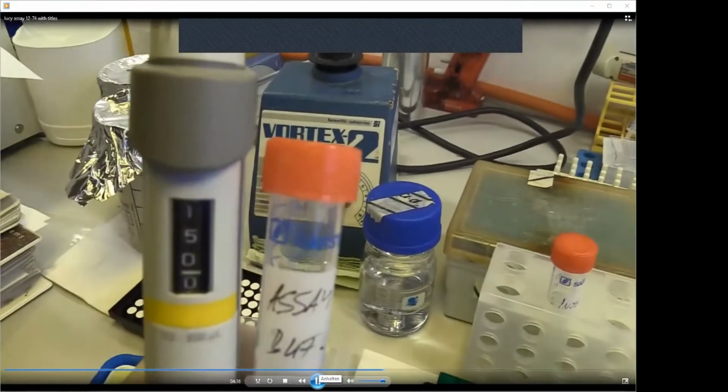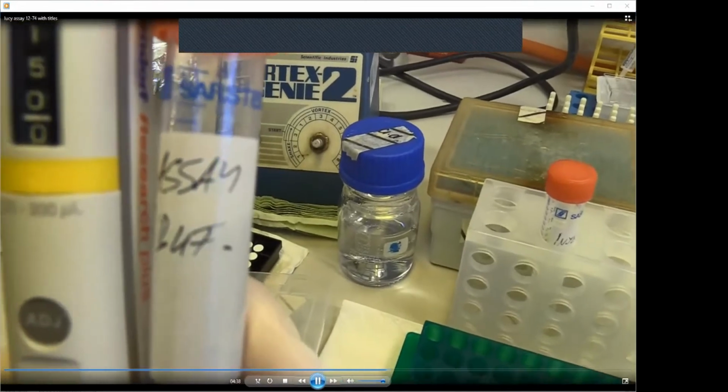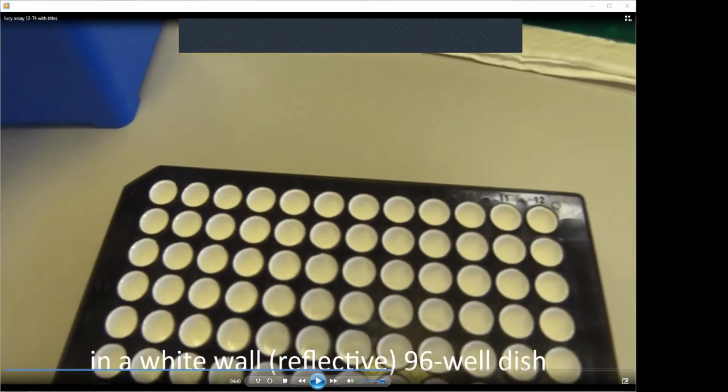In between, you prepare 150 microliters of this assay buffer into this special 96 well dish. So it's a white wall reflective dish. The reason for that is that if the luciferase activity is fairly low, then it's an advantage, because these walls reflect the signal to the center of each well, and the probe of the instrument is measuring in the center from the top.